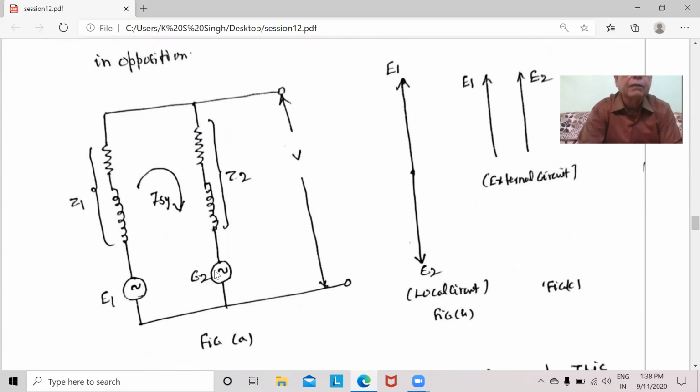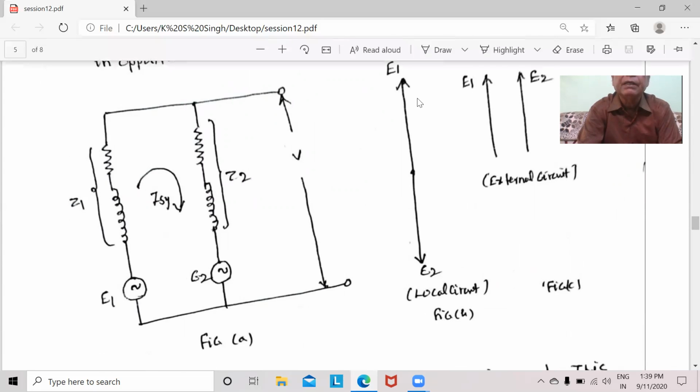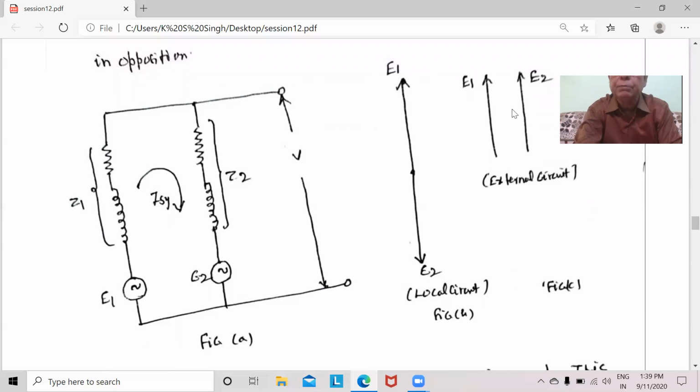When both are excited with the same voltage, E1 is equal to E2, then the current in this local circuit, Isy, will be zero because E1 and E2 are opposing each other in the local circuit. If you see from the external terminals, E1 and E2 will be in the same direction, the upward direction, as shown in the figure.